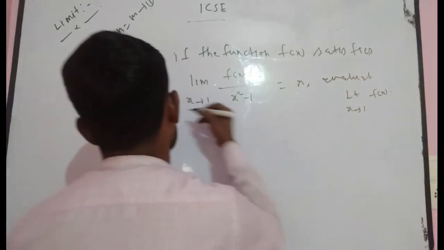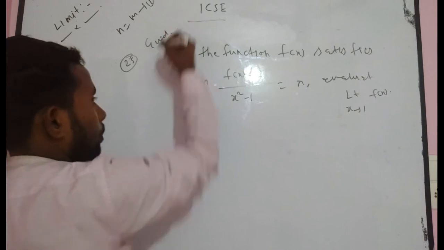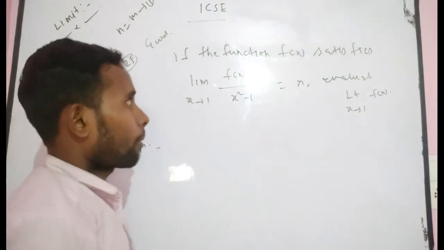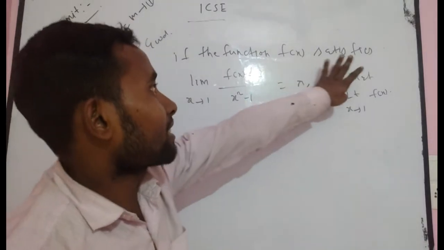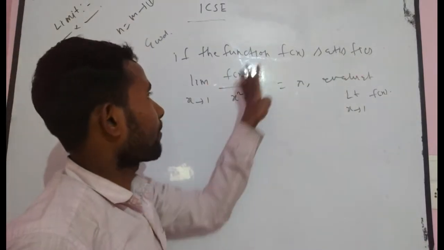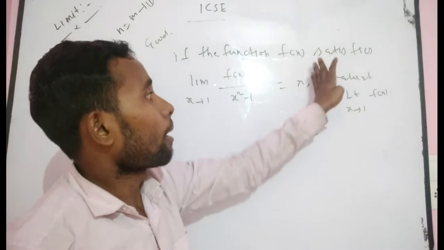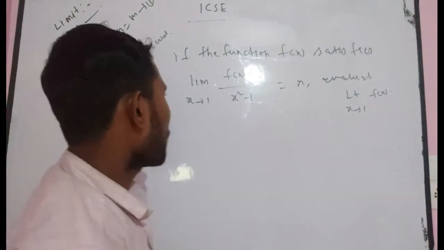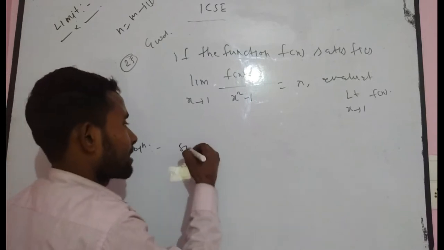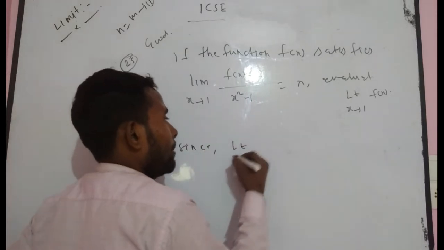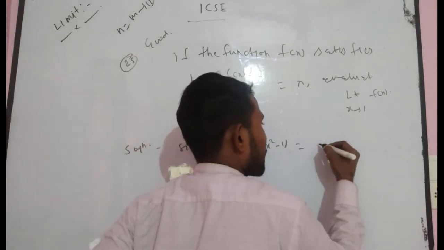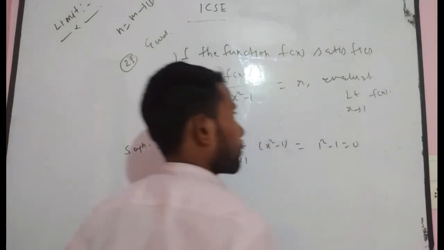This is a good problem. How can you solve it? In this problem, if the function f(x) satisfies limit x tends to 1 of (f(x) minus 2) divided by (x square minus 1) is equal to pi, evaluate limit x tends to 1 of f(x). As you know, limit x tends to 1 of x square minus 1 is equal to 1 square minus 1, which is 0.